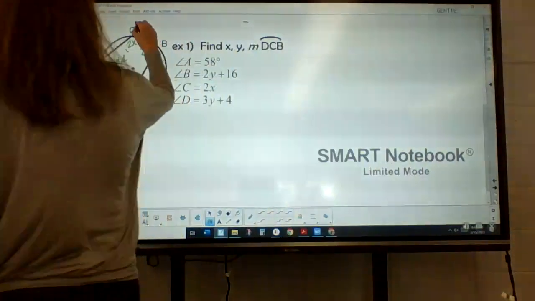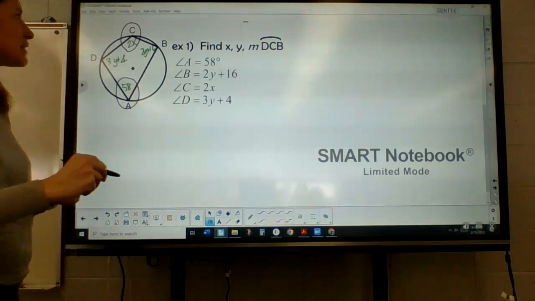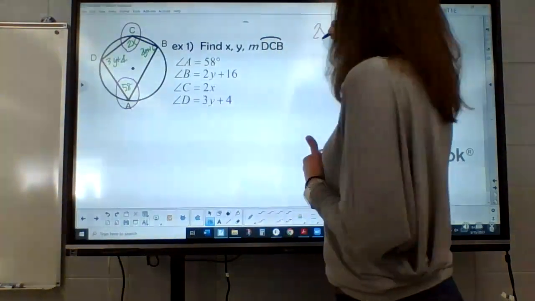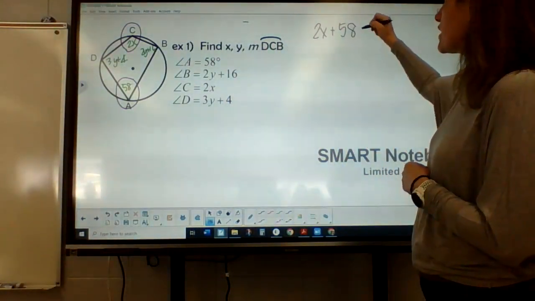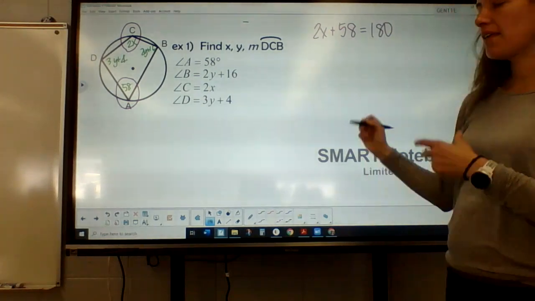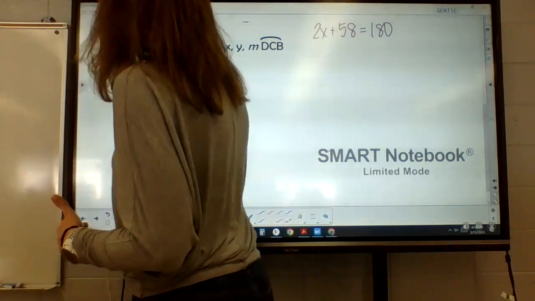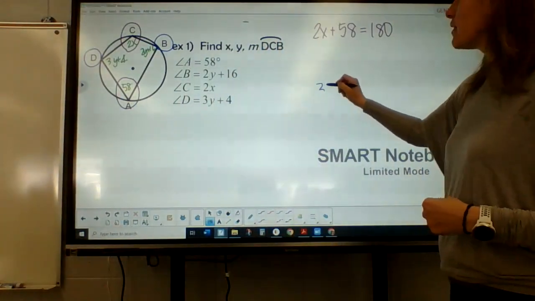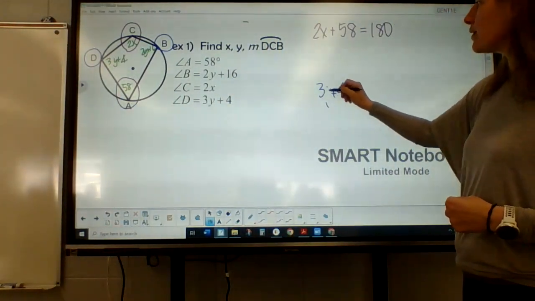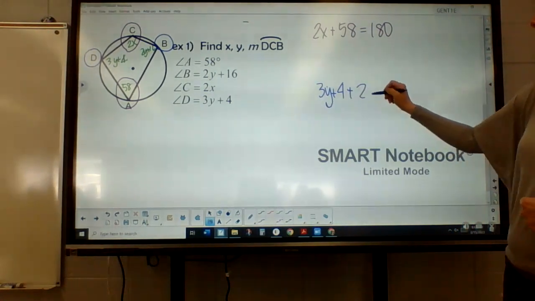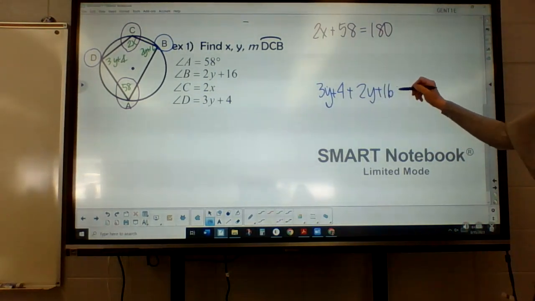So I'm going to set up two equations that say 2x plus 58 should equal 180. And then I'm going to do the other one as well, that D and B should also equal 180. So 3y plus 4 plus 2y plus 16 equals 180 as well.